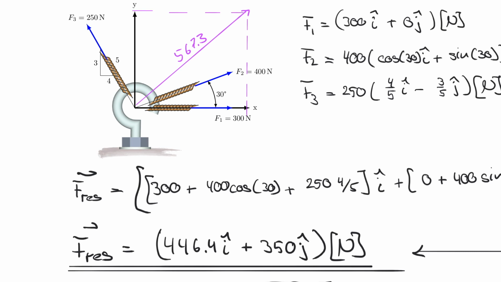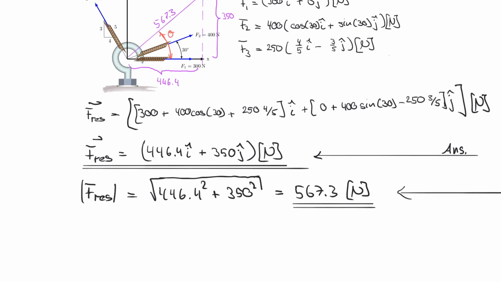And so x would be equal to, what did we calculate, 446.4, whereas the y component would be equal to 350. And just to be clear, what I'm trying to calculate now is this angle, let's call it theta.